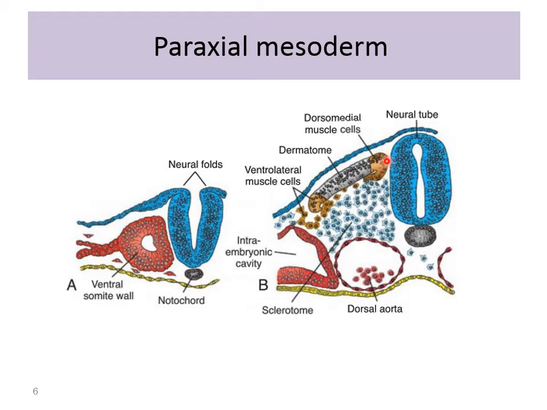So the dorsomedial muscle cells and the ventrolateral muscle cells form the myotome, and this is dermatome, and this is the skeleton. These are the different parts of the somite or the paraxial mesoderm.